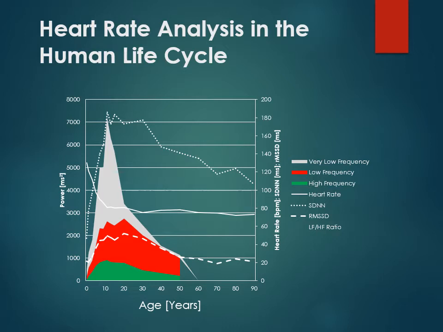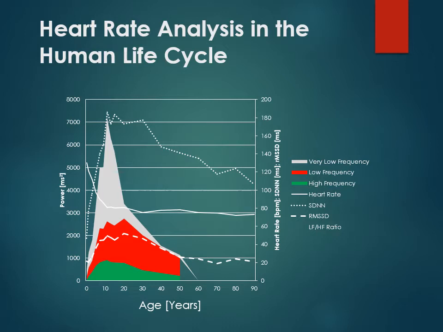The heart rates decrease within the first 10 years and then remain relatively similar on average. However, there's a steep increase of global heart variability that you can recognize in the total power of the frequency domain analyzers and the SDNN value.